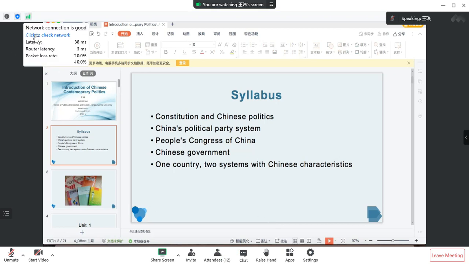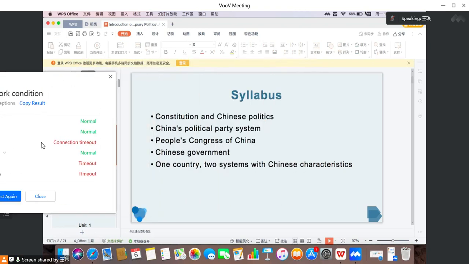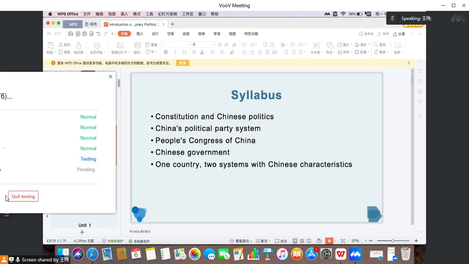How about you guys? Never been to this region? If you have any chances, you can go to these regions.